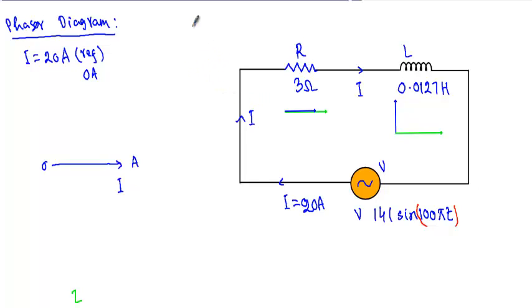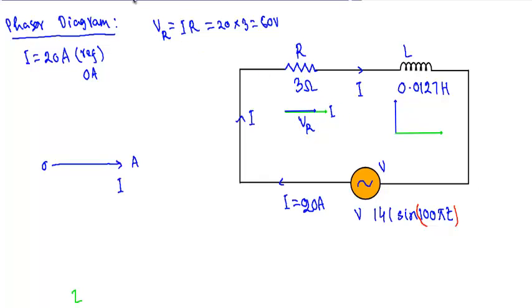Now see, our voltage phasor VR, which is the voltage drop across this 3 ohm resistor, will be I into R equal to 20 into 3. This will be 60 volt. Okay, now see, if I take the current phasor in this direction, VR will go in the same direction, because in a resistor the voltage across it, VR, and the current through it are in phase.